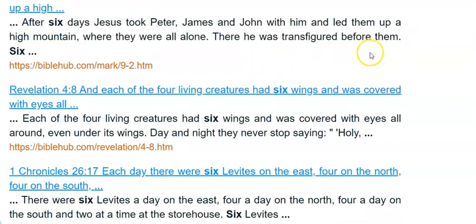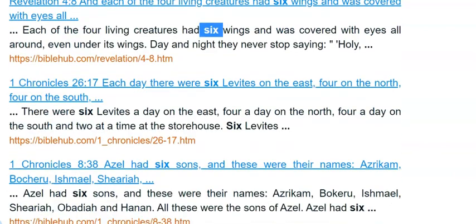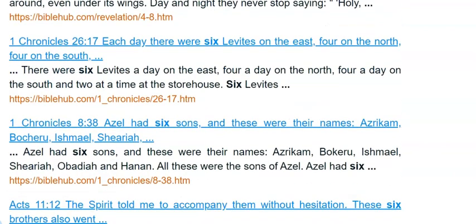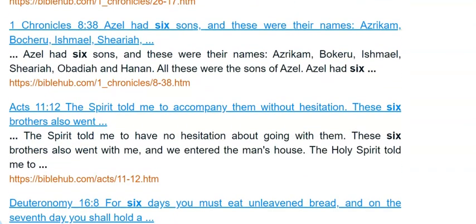You know what that means, right? And each of the living creatures had 6 wings. The 33 wings, right? The 33 wings, which means being a trans, right? Simple as. You know, 6, the hex. Right?